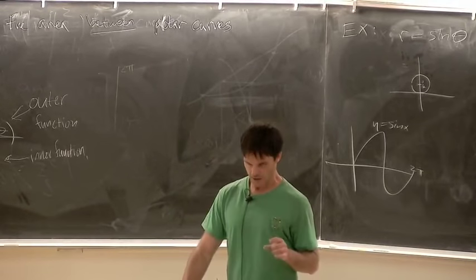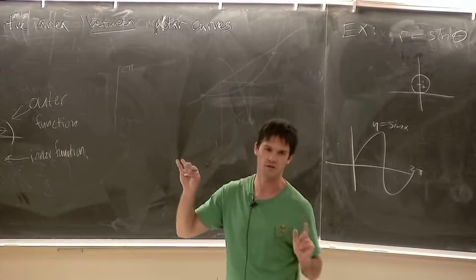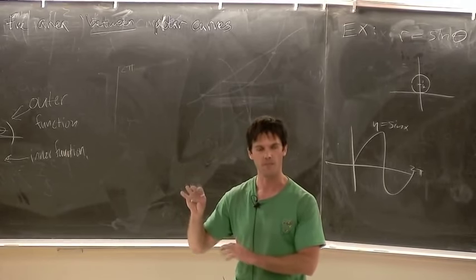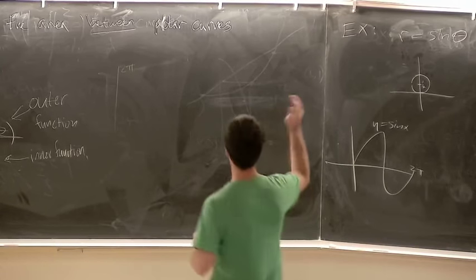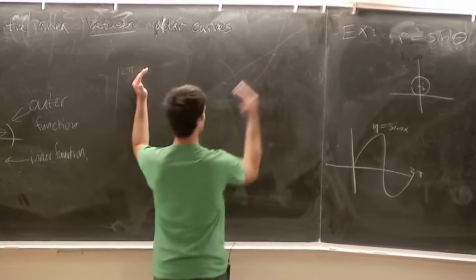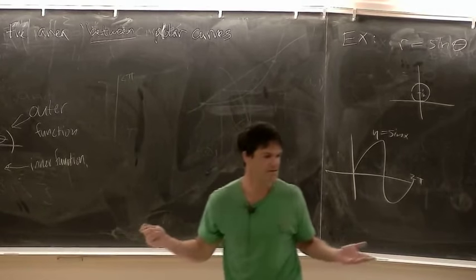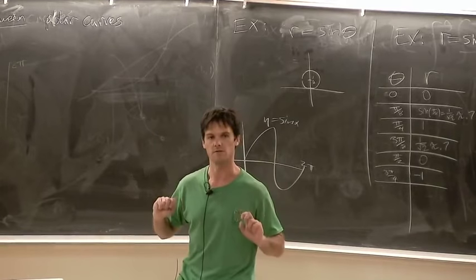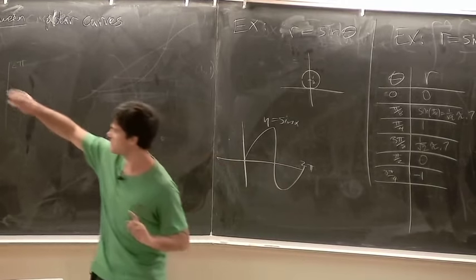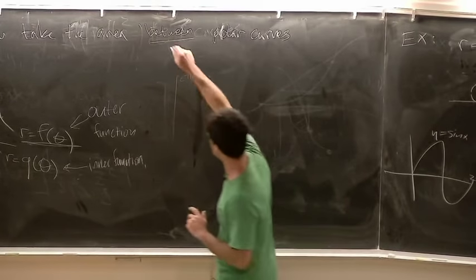I said it was vertically simple when there was clearly one function on the top and one function on the bottom. I said it was horizontally simple when there was clearly one function on the right and one function on the left. So we'll have a similar terminology here. We'll call it radially simple when there's clearly just one outer function and one inner function.